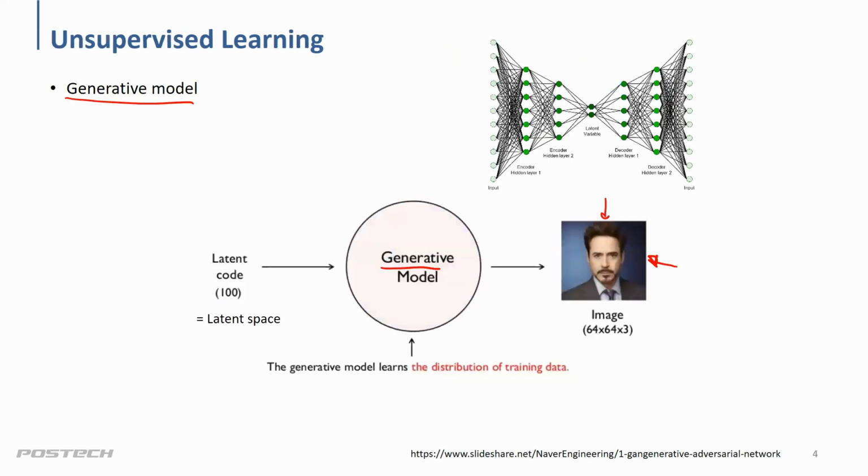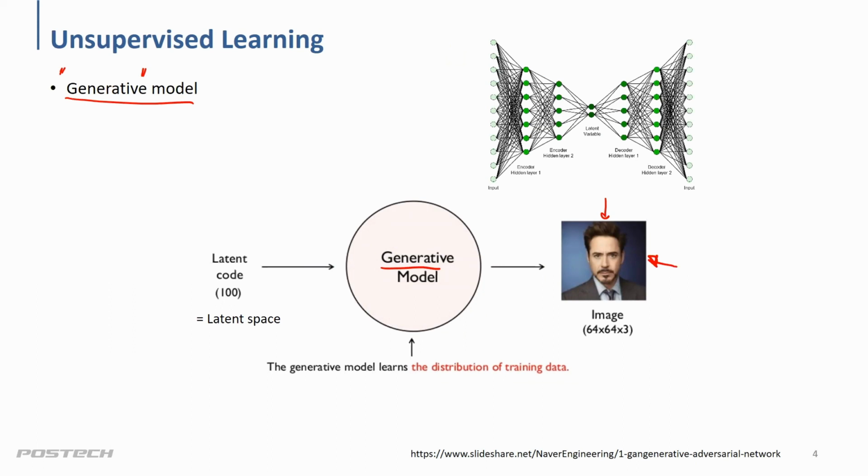But on the other hand, in order to draw, produce, or generate a picture of a man or a woman, the AI has to totally understand, right? Otherwise, we cannot produce. So it's generative models.